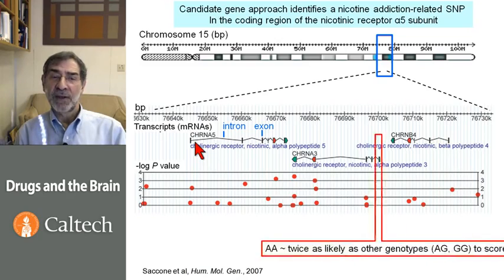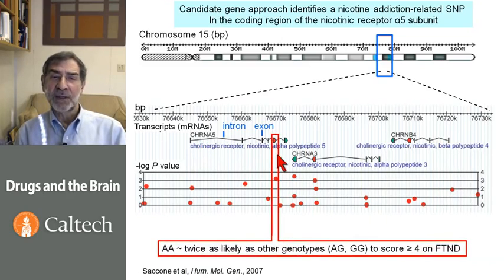So, the region that is generally considered most interesting is in this exon. It's covered by the symbol for the polymorphism. A rather high probability, p-value less than 10 to the minus third, of being associated with nicotine dependence.